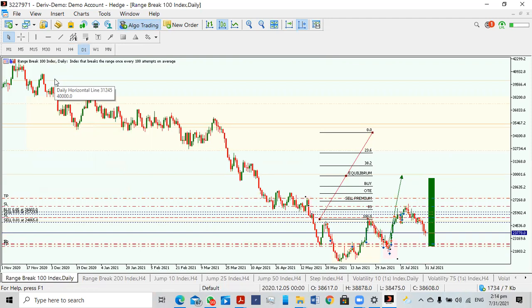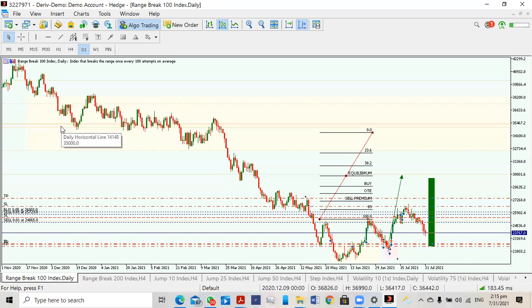You can see price retest, sell, it comes to this area, this is 37,500. How I got 37,500 is this 40,000 and this 35,000, I added the two together, then divided by 2, and that gave me this.